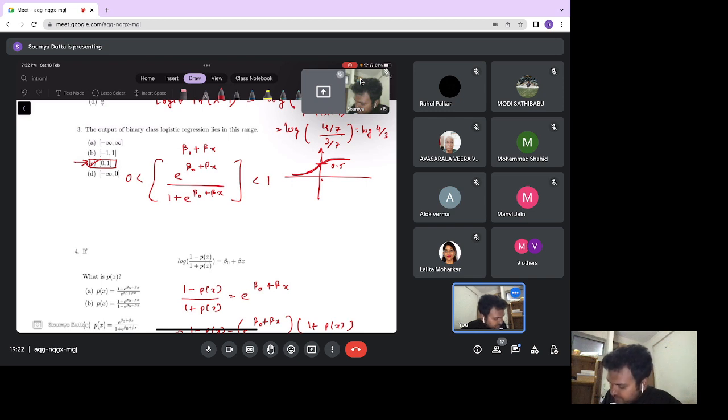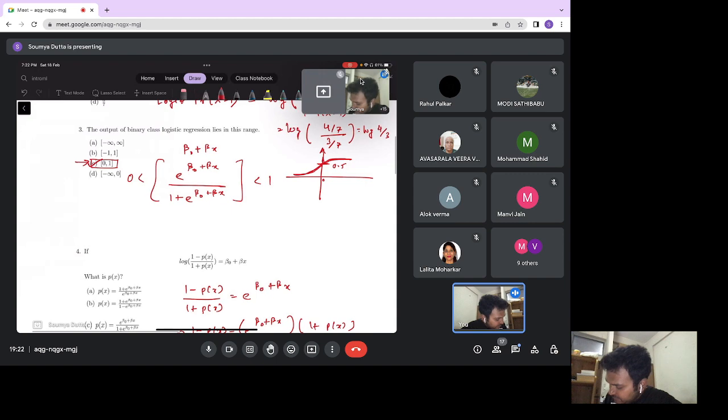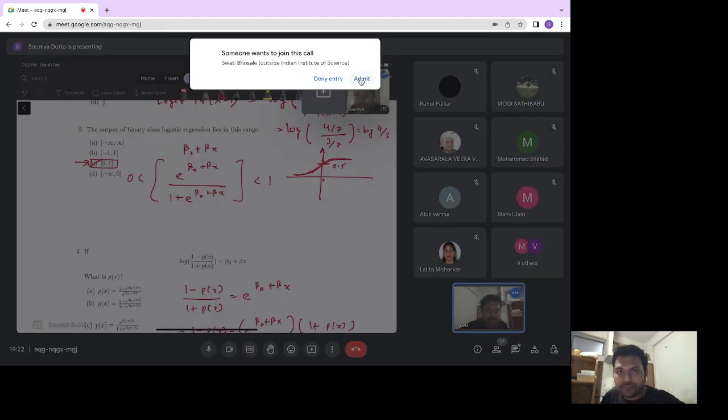That also depends on beta 0, but right now, let's say that you have set beta 0 to be 0, and therefore at 0 this would turn out to be 0.5.